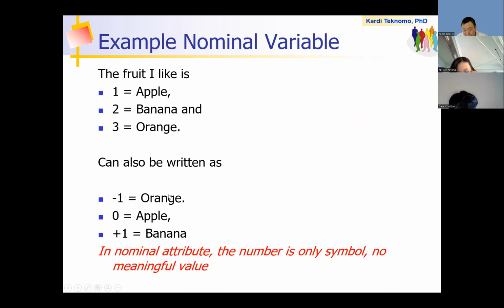Is that clear? When you have the symbol represented as a number, number 1 is Anies, number 2 is Prabowo, number 3 is Ganjar. So these are just nominal variables. The actual number does not really matter because the number is just a symbol, no meaningful value.